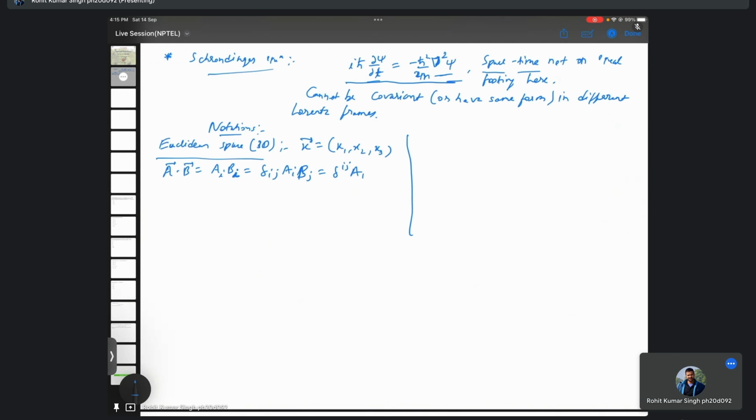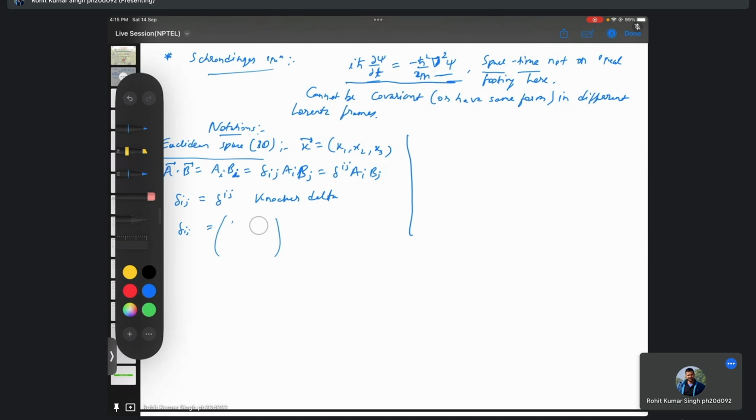Here delta ij is called the Kronecker delta, and it is a simple matrix having all the components on the diagonal as 1 and all others as 0. Like this.